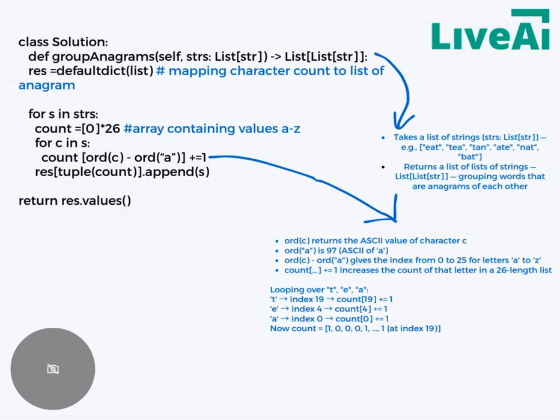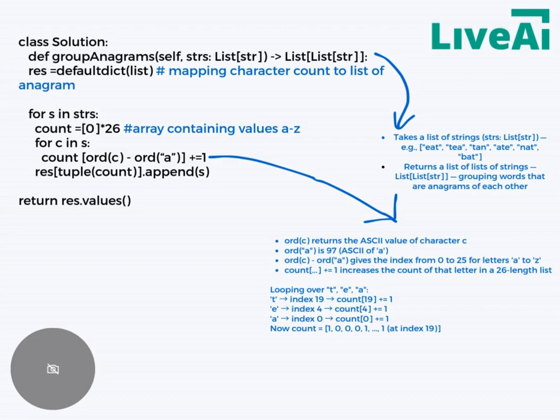So what does this mean? ord(c) returns the ASCII value of character c, and ord('a') is 97, the ASCII value of lowercase a. If lowercase a has an ASCII value of 97, then lowercase b has an ASCII value of 98.